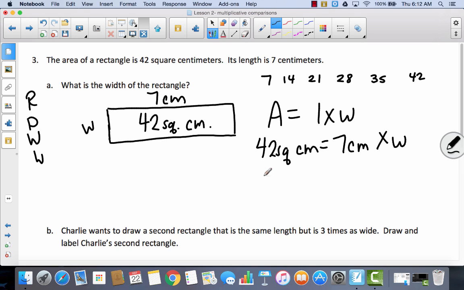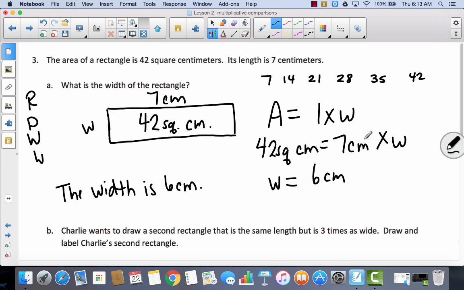So that means that 7 times 6 equals 42. Therefore, the width must be equal to 6 centimeters. So I'm going to answer that with a word statement, and I'm just going to say the width is 6 centimeters. But if you knew 7 times 6 was 42, that would save you some time, right?